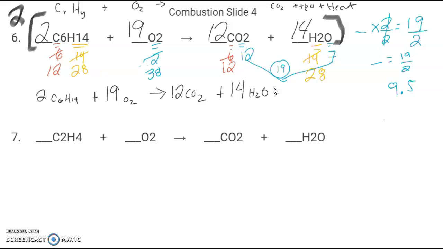Then we have 12 times 2, so that's going to be 24 oxygen, and 14 times 1, 14. So 24 plus 14 is going to give us 38 oxygen. So those are balanced as well, just to make sure our whole equation is balanced.